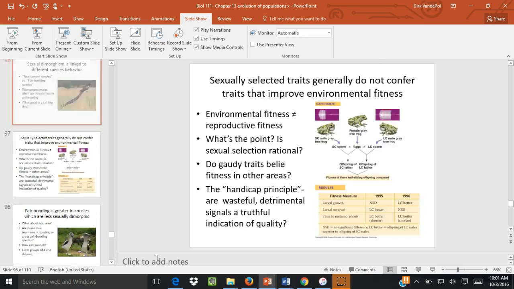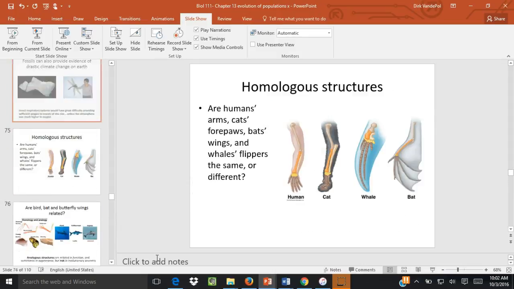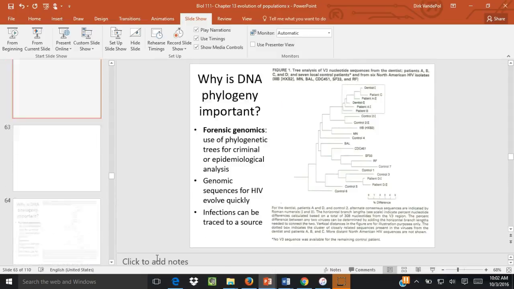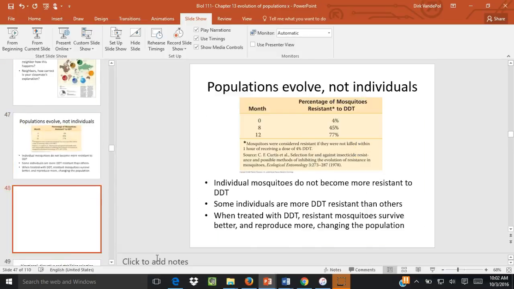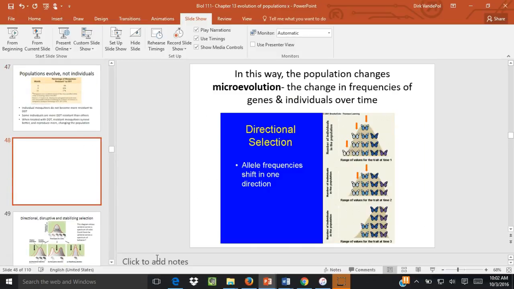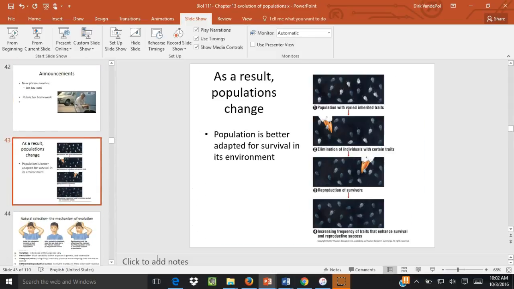If we recall, there are traits for which natural selection works directly. So directional selection. Microevolution is the change in gene frequencies in individuals that have those gene frequencies over time. Which we saw in our original picture. There it is, right?